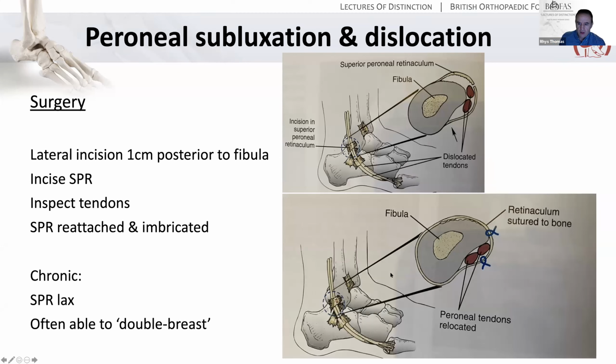You then want to not only stick the peroneal retinaculum back to the fibula, and this can be done with suture anchors or through bone tunnels, but you want to shorten and repair the lax superficial retinaculum to keep the peroneal tendons in place. In patients who've had chronic subluxation, it's often easier to do this as the superficial peroneal retinaculum becomes very voluminous, and you're often able to double breast this repair.